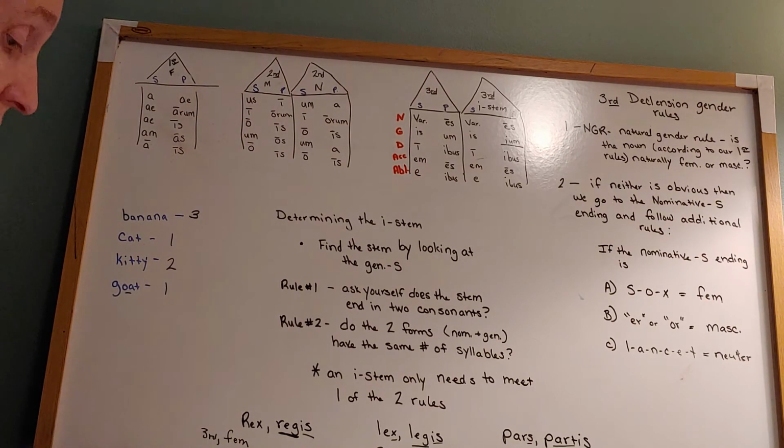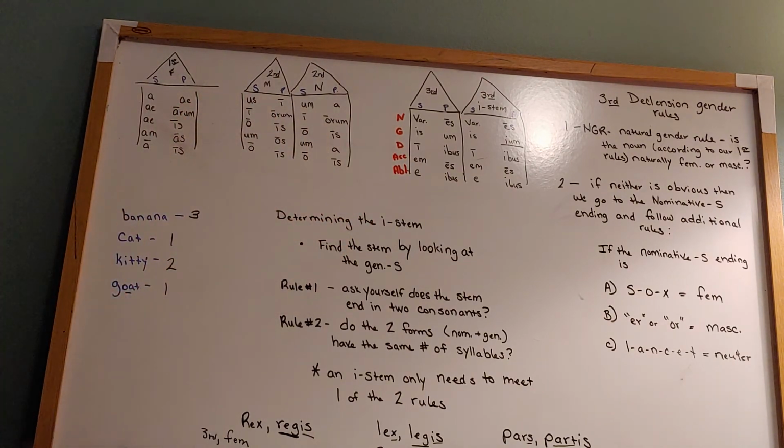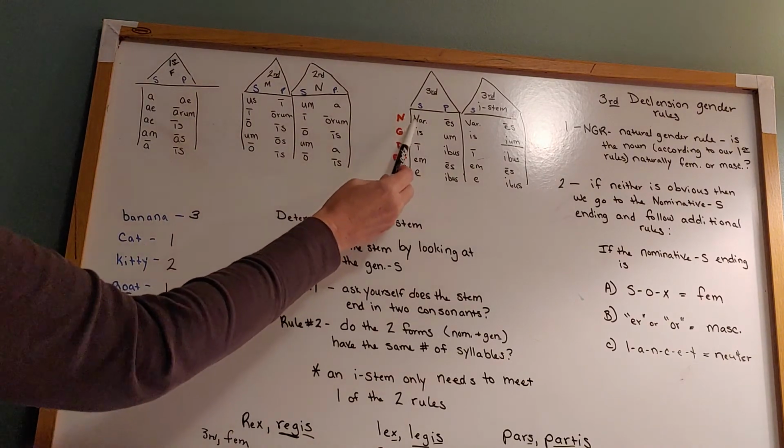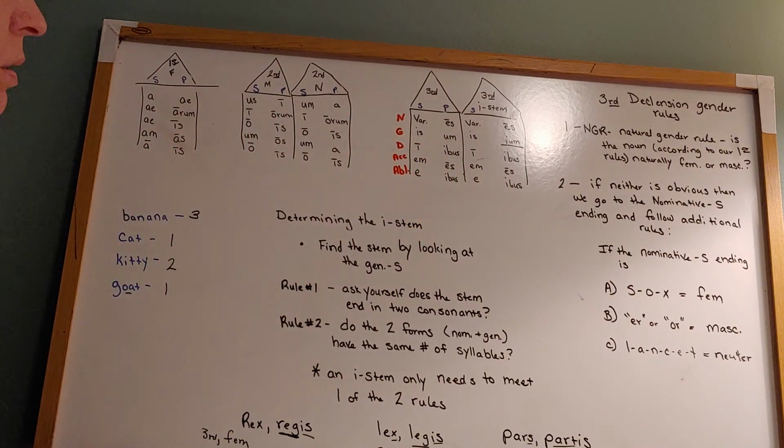So let's discuss just an overview of everything that we've learned about a third declension noun. Just like all the other declensions, it has 5 endings. They have singular and plural. One of the main differences is our nominative singular varies both in the singular third declension and the third declension I stem.